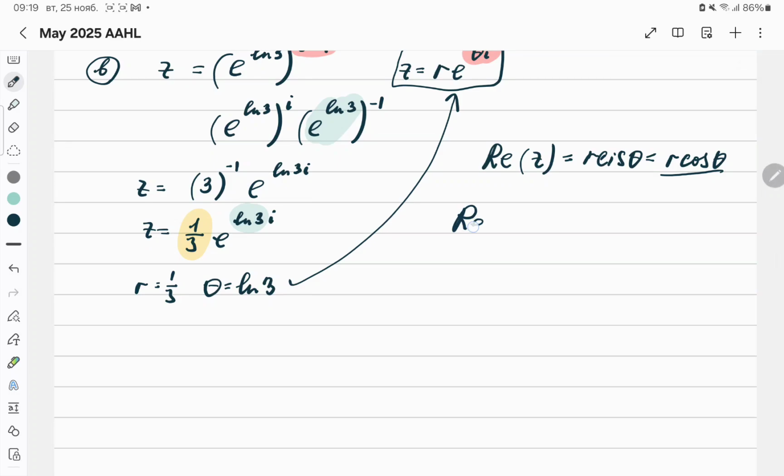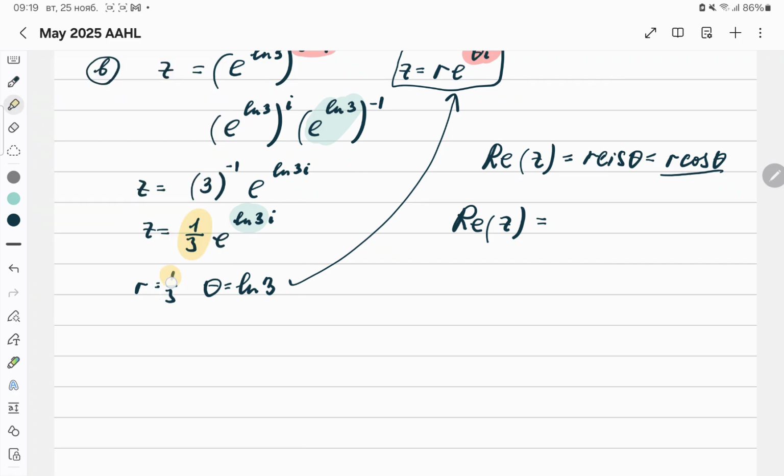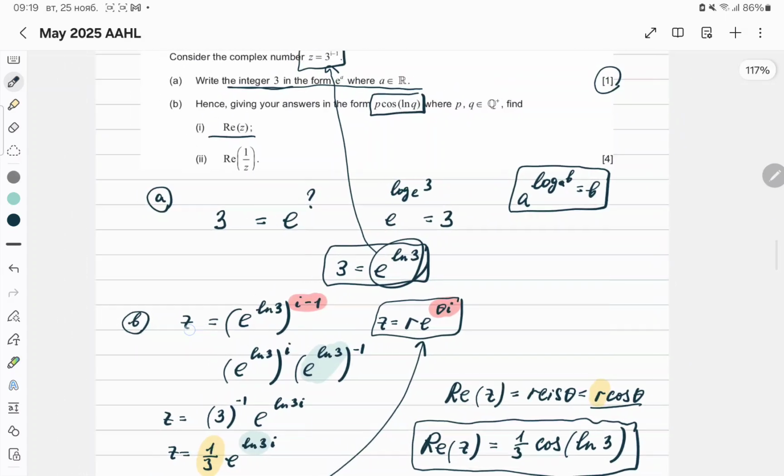So the real part of z is equal to radius, for our case 1 over 3, yeah, 1 over 3. We just plug it here. So 1 over 3 cosine theta, cosine ln 3. Yeah, so this writing is a bit confusing, but it is correct. That's how you'll get 2 marks for the part b1.